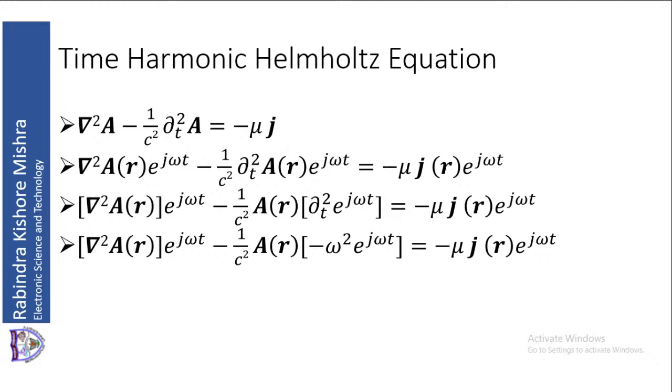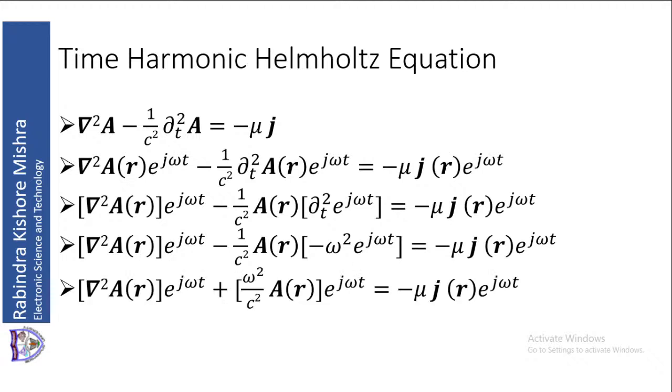So we will drop out dou square t. The equation now becomes del square A exponential j omega t minus 1 by c square A(R), when we say A now, it is A(R), into minus omega square exponential j omega t is equal to minus mu J as a function of R exponential j omega t.